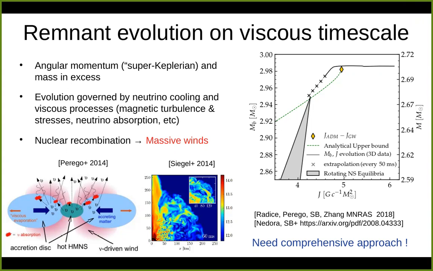What we generically find after these hundreds of milliseconds of evolution is that the remnant typically has angular momentum and mass in excess. With respect to what? With respect to equilibrium neutron stars with the same baryon mass, with the same baryons inside. This is described in this diagram. It's a simple diagram. This is the baryon mass, the mass of the baryons, and this is the angular momentum. This gray area is the equilibrium configurations, the general relativistic equilibrium configurations of rotating neutron stars.